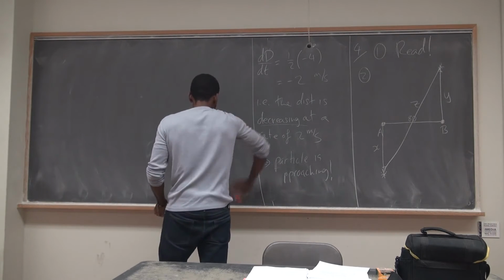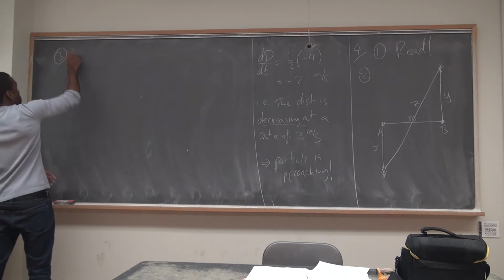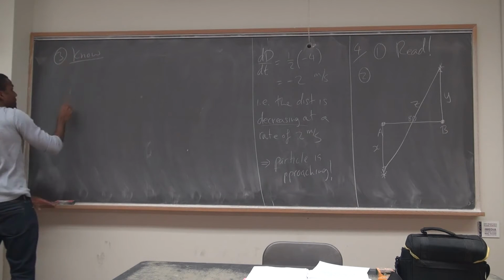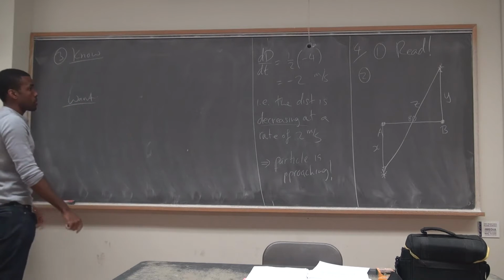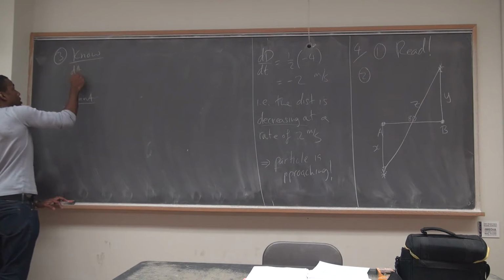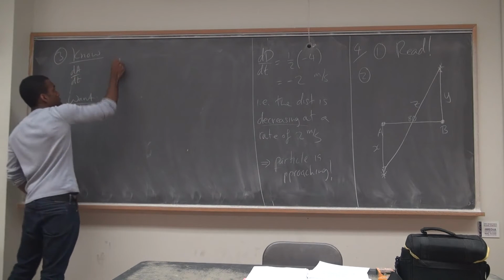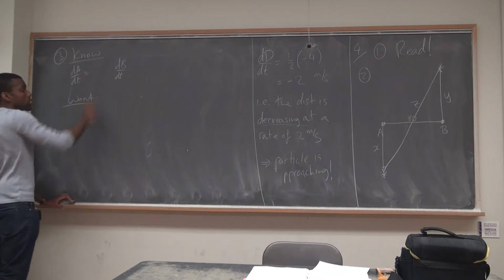Okay, so now we're going to go with step 3. What do we know? What do we want to find? I actually know how fast A is moving, right? And I also know how fast B is moving.